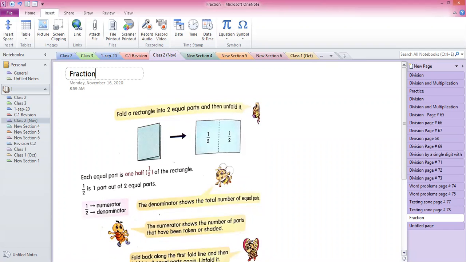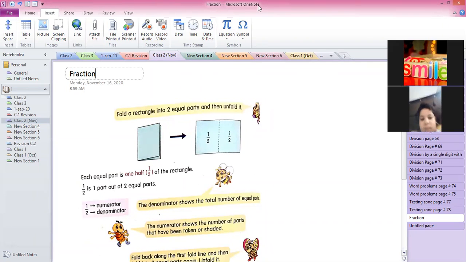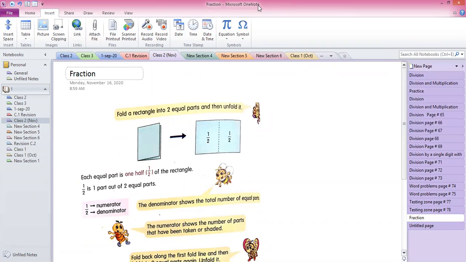Okay, so guys, let me introduce a fraction to you. What is fraction? To understand the fraction, you can take one piece of paper. Any piece of paper you can take, and fold it into two equal parts.